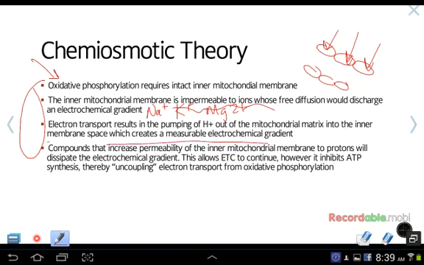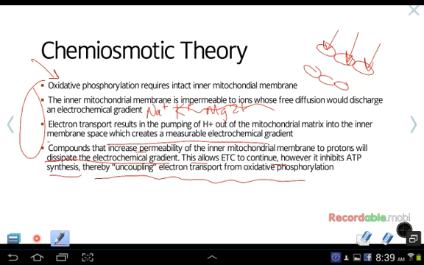Compounds that increase permeability of the inner mitochondrial membrane to protons will dissipate this electrochemical gradient. This then allows the electron transport chain to continue, however, would inhibit ATP synthase, thus uncoupling the electron transport from oxidative phosphorylation.